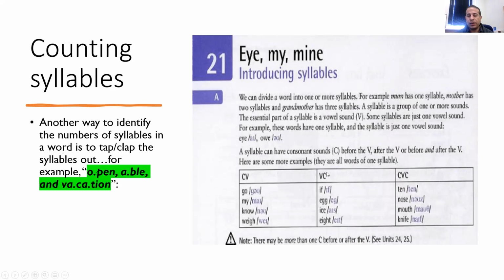Another way is to have a vowel followed by a consonant, let's say "egg", or "A". Or we could have a consonant before and a consonant after the vowel sound, like "ten", "nose", "mouth".